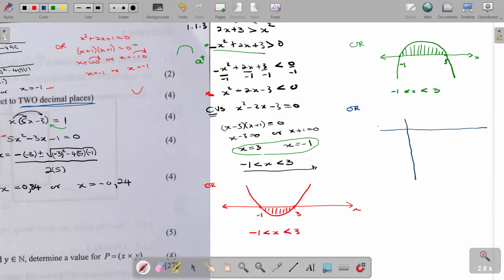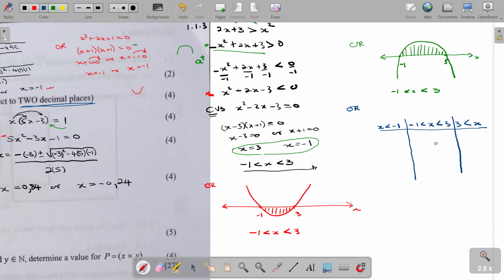They are represented by x is less than -1. Then we want the values which are between -1 and 3. It could be -1 less than x less than 3. Then lastly, we want the values which are greater than 3. It means 3 is less than x, or x is greater than 3.